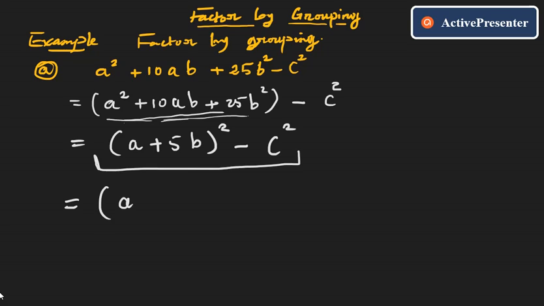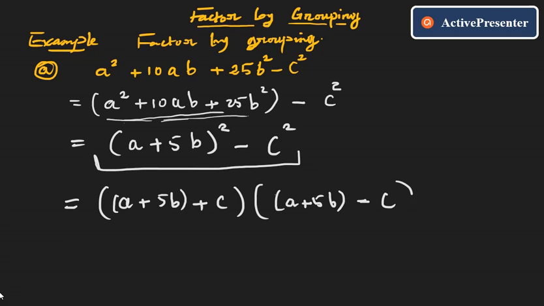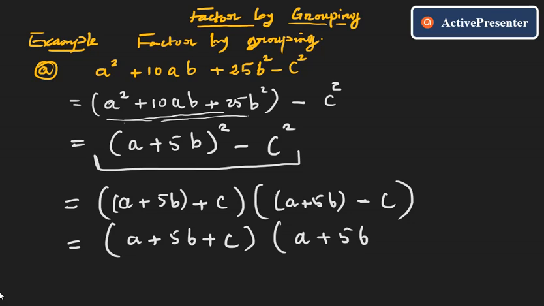Therefore it is a plus 5b plus c, close parenthesis, open parenthesis again, a plus 5b minus c. Your factorization is done.